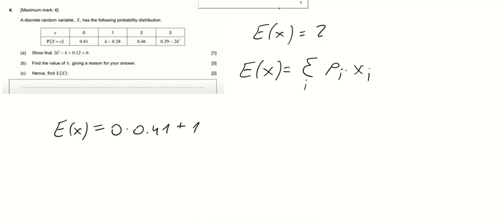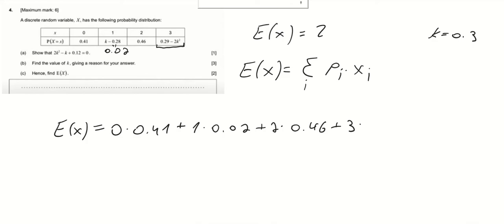Then we have the outcome of 1 times the probability of that. So we remember that k equals 0.3. We saw that at B. So this equals 0.02. Then outcome 2 times 0.46 and outcome 3 times this term.